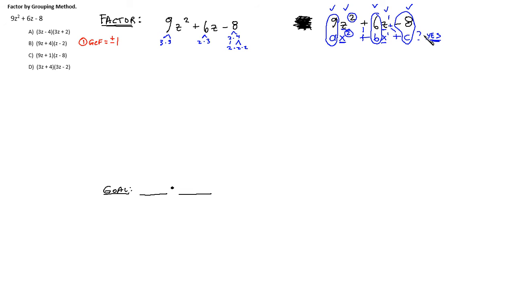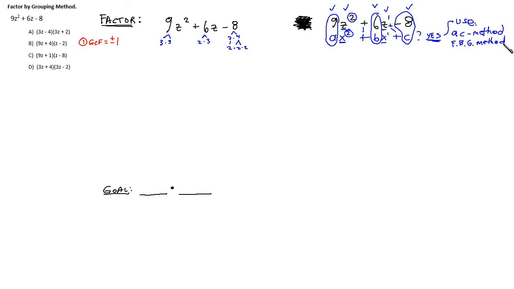So the method of choice that we should use is what is often referred to as the AC method. Use the AC method. I'll explain that. But it's also called the factor by grouping method.